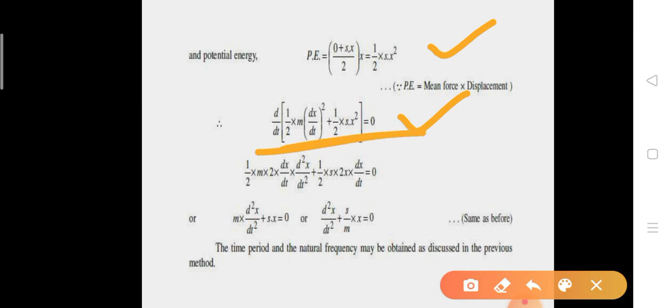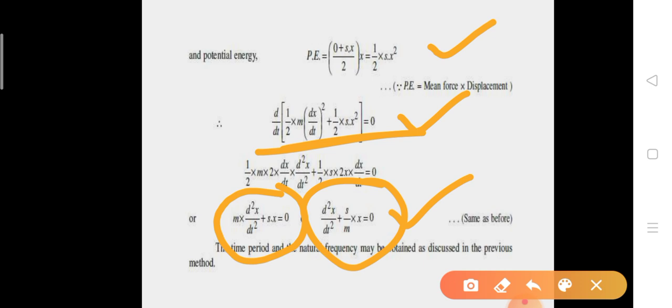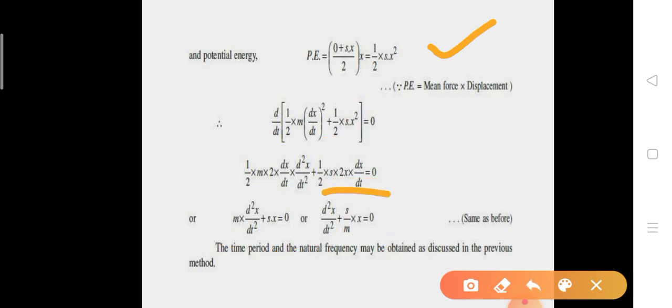You will get the final equation: m into d square x upon dt square plus sx, or kx, equals 0. Now divide this equation by m. So your final equation will be d square x upon dt square plus k by m x equals 0. Now you compare this equation with the equation of simple harmonic motion.